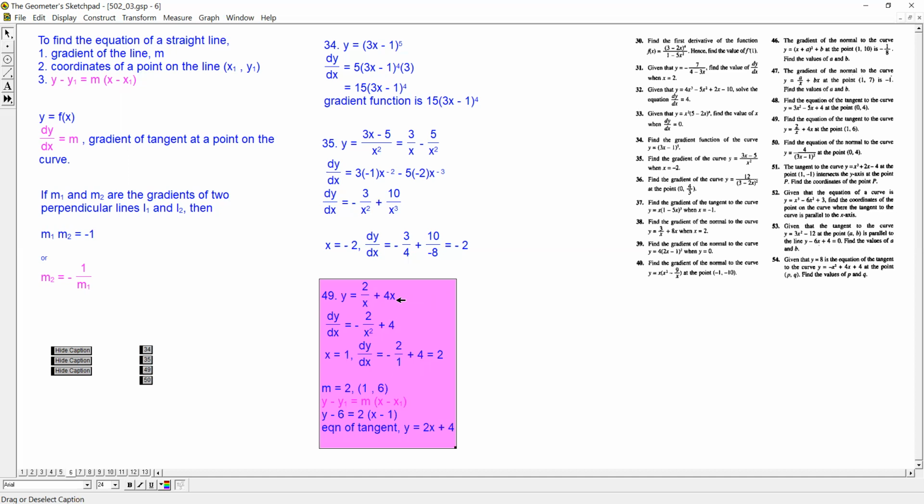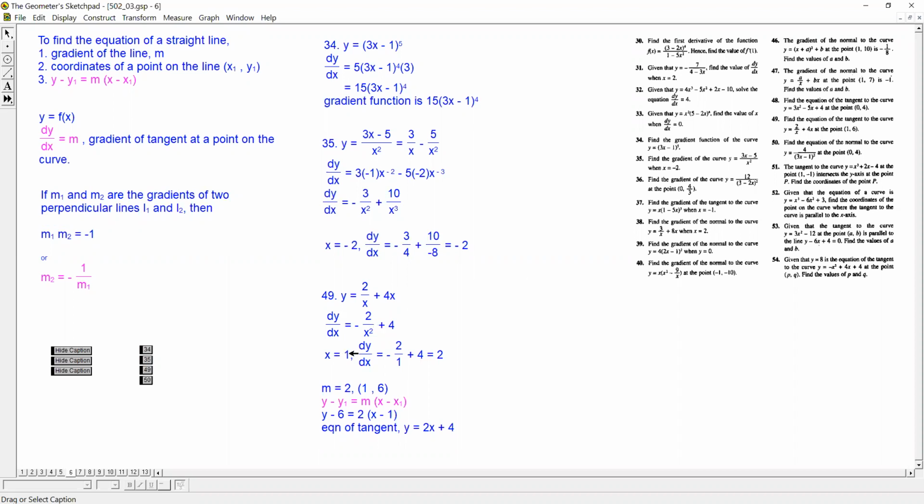Since I need to find the gradient of tangent, I have to differentiate. To differentiate, I have to find dy dx. The dy dx is negative 2 over x squared. Differentiate 4x becomes 4. So this is my dy dx. It is the gradient function. It's not the gradient yet.